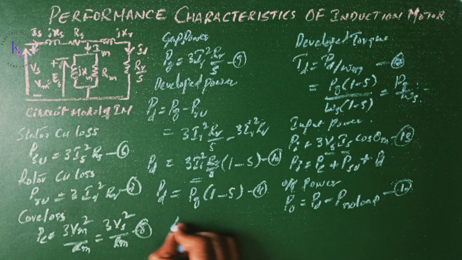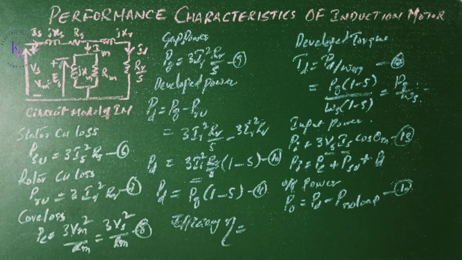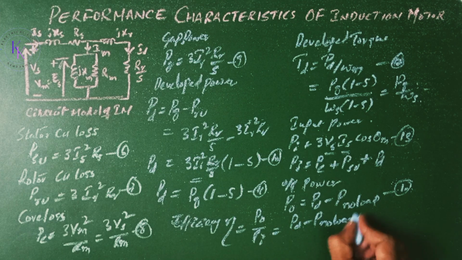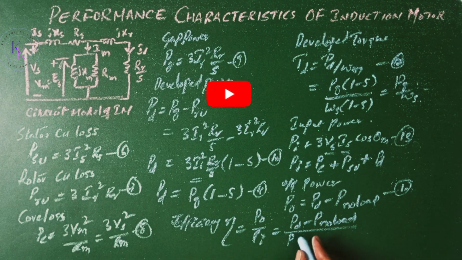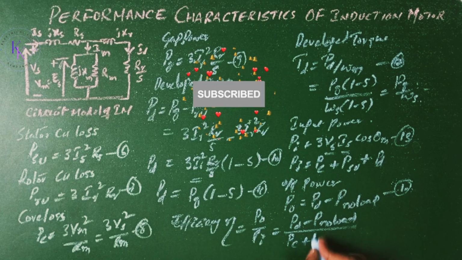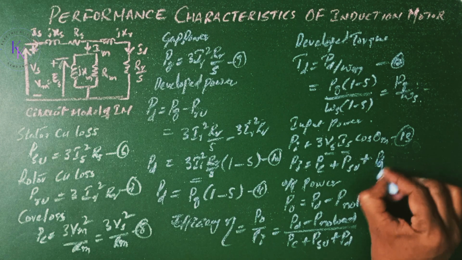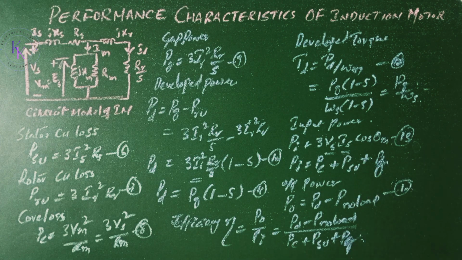Now, the efficiency equals the output power divided by the input power PI. That equals PD minus P at no load divided by PI, that is PC plus PSU plus PD. Sorry, this is nothing but the gap power PG. Let it be 15.